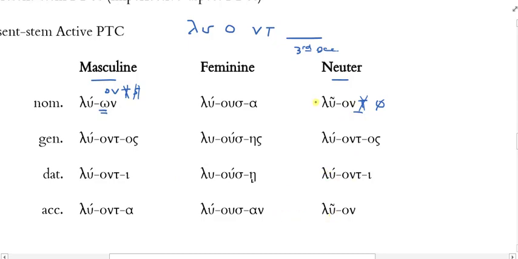And then one of our other noun rules was that neuters are identical in the nominative and the accusative. So whatever it was in the nominative, I'm going to have that for the accusative form here. That's not true for masculines, right? But that's true for neuters all the time. So once you learn your basic forms up here in the nominative and the genitive, then you really should know the rest of the forms if you know your case endings.